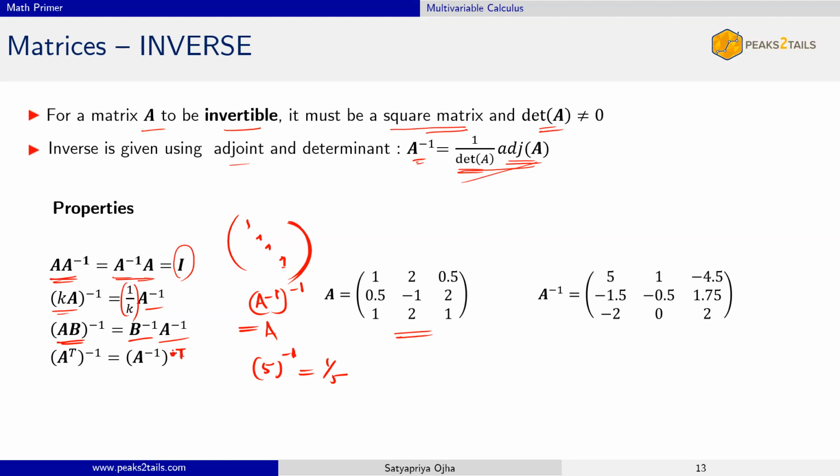Okay. So that's inverse. Inverse is extremely important. Why? Because for those interested in use cases, in case of solving system of linear equations that we will do a little bit later, you use matrix inverse.